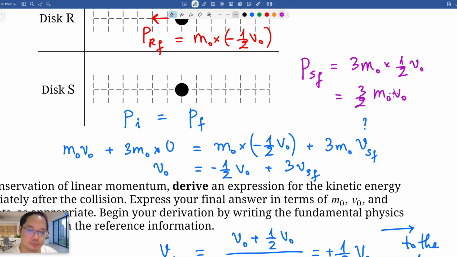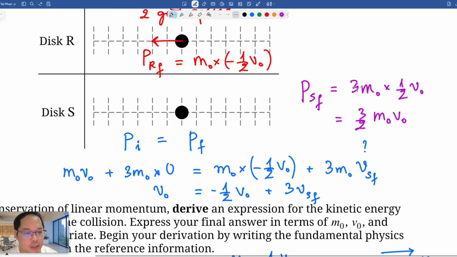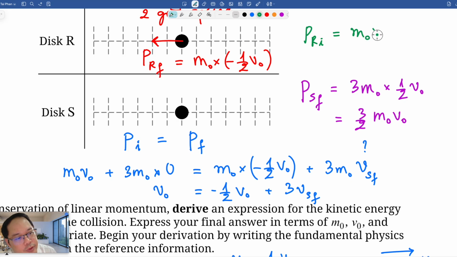The initial momentum of the disk R is m0 v0, which means the final momentum of the disk S is 1.5 times greater than the initial momentum. I'm emphasizing it.